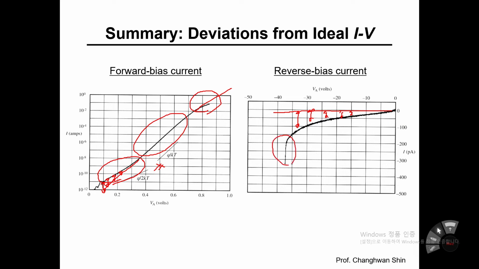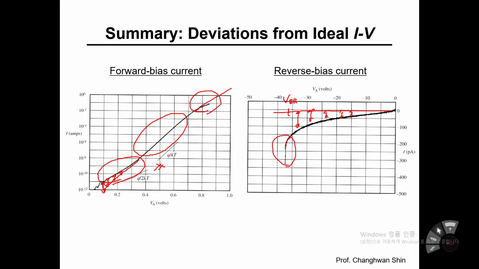And one other non-ideal event in the reverse biased current voltage characteristic plot is breakdown. If the reverse bias voltage goes beyond the breakdown voltage, then avalanche breakdown occurs, or if the PN junction diode is heavily doped on both sides, then the tunneling breakdown mechanism would be dominant rather than avalanche breakdown.